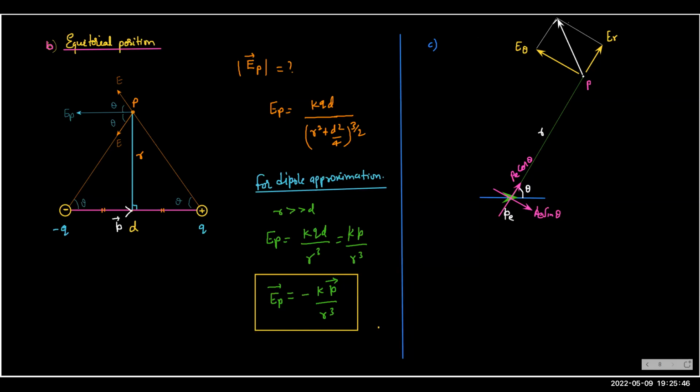So this will be EP, and we can easily find it. E r is due to which component? E r is due to P cos theta.